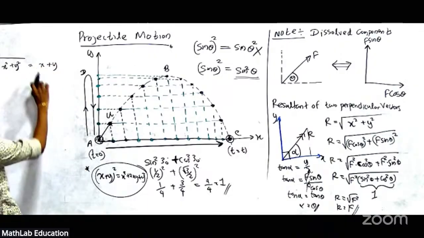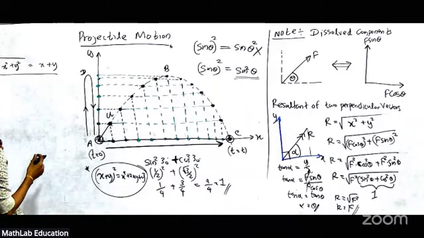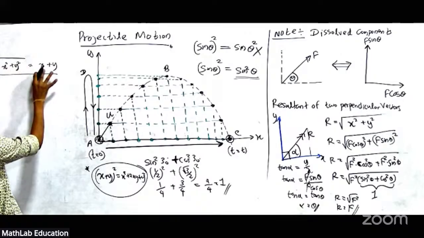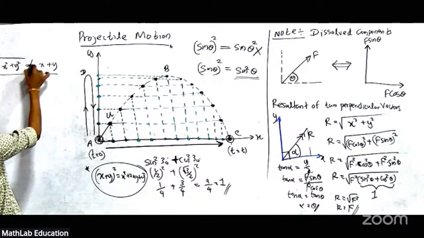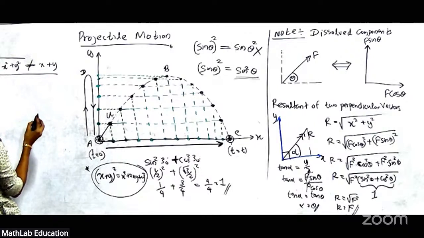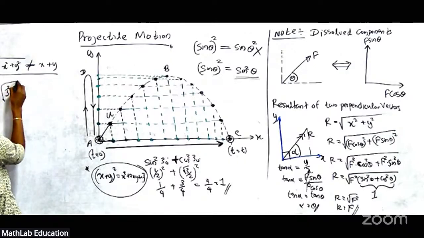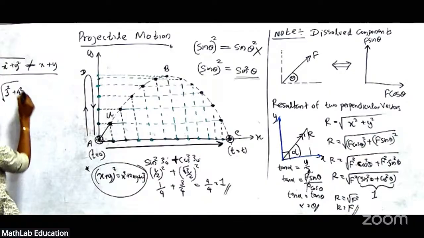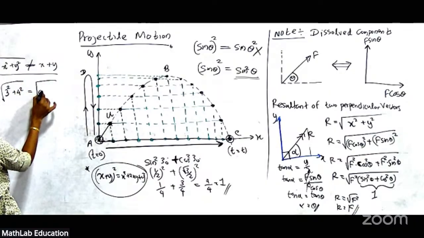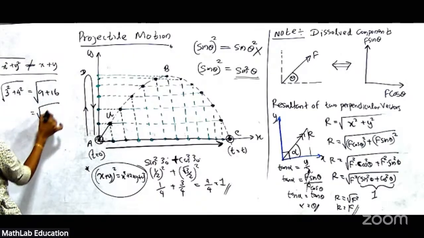Now if you have a doubt, you can use two real numbers and see whether it works. This is wrong. I'll show you why. Let's take 3 and 4. Now you are saying root of 3 squared plus 4 squared. 3 squared is 9, 4 squared is 16, and 9 plus 16 is 25.